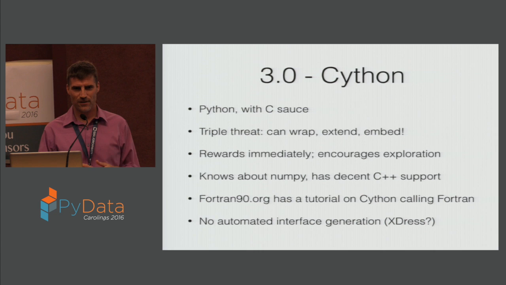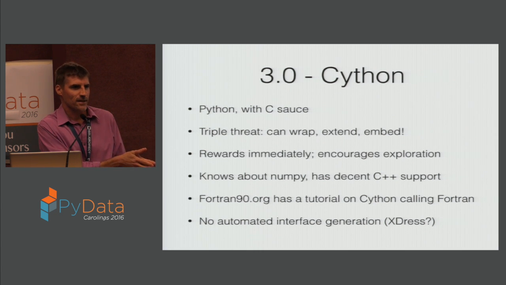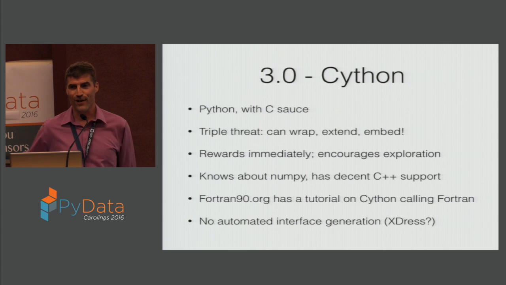The language is actually 99% like Python, or it attempts to be a perfect superset of Python. It's not quite. It supports almost all of Python, probably all of the Python you're going to use. And it actually adds on some extra C-like keywords to help you give hints to the compiler as to what your code is doing, and that can add a lot of speed to it. So I call it Python with C sauce.